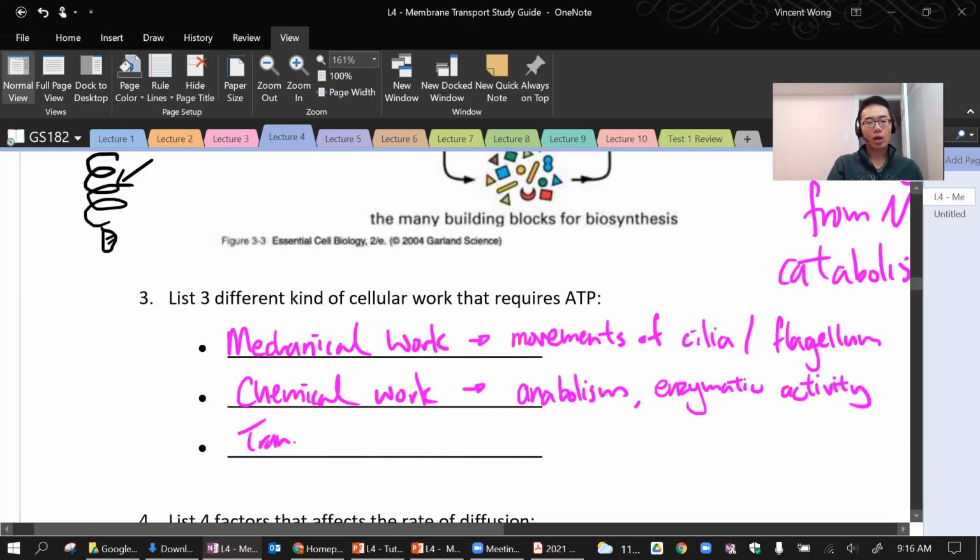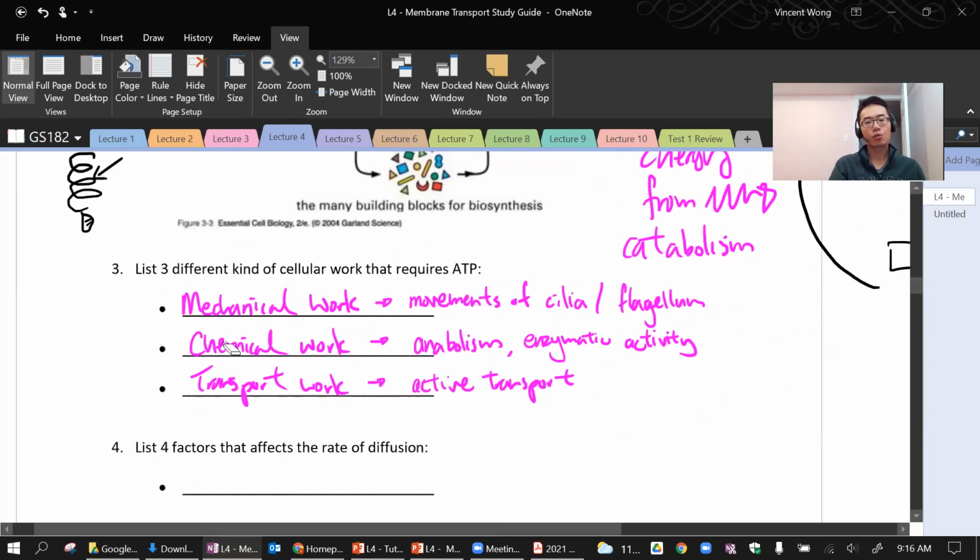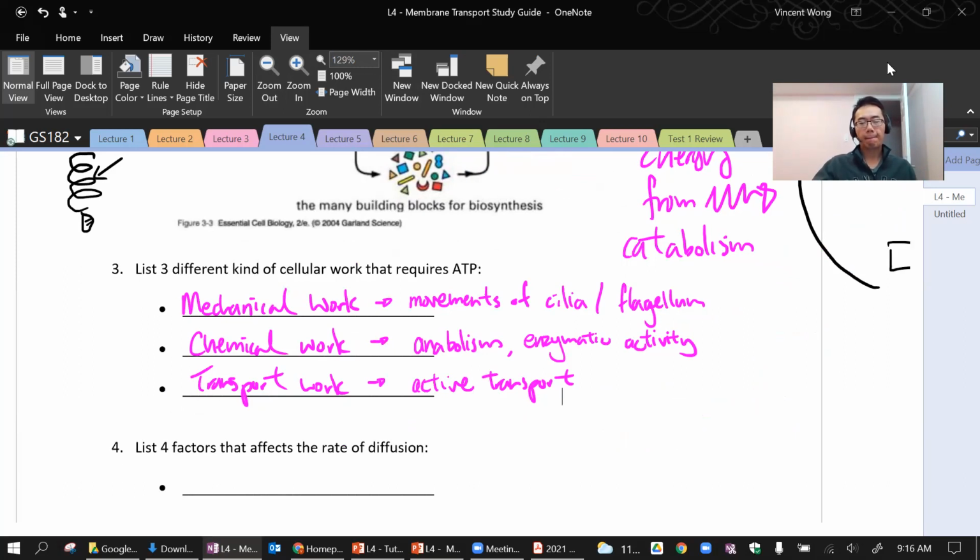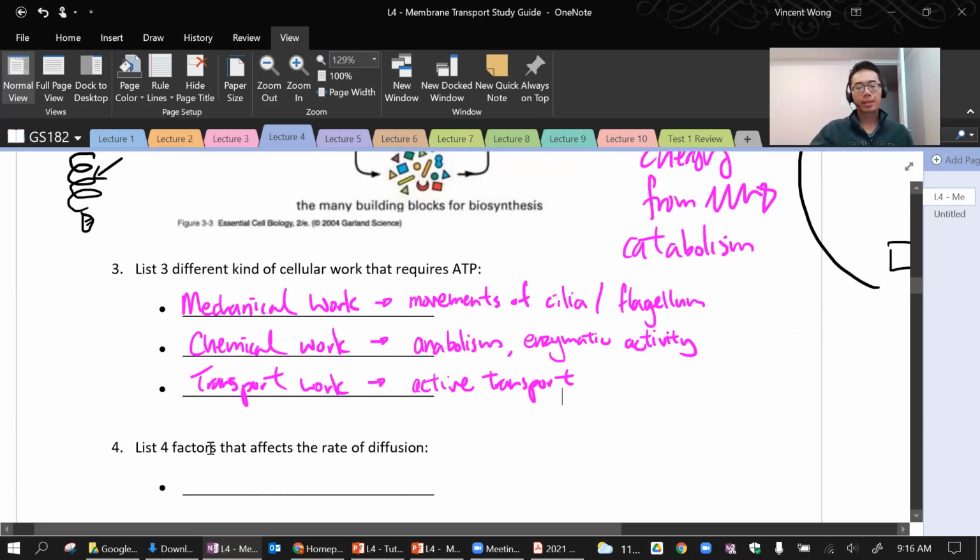And finally, transport work, like active transport. If you want to move things from low concentration to high concentration, that is transport work that requires ATP.